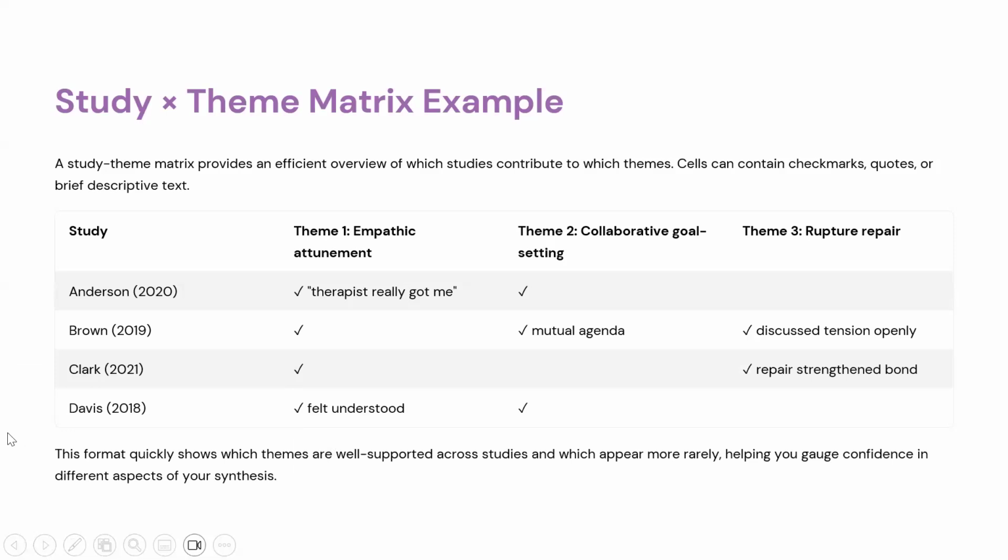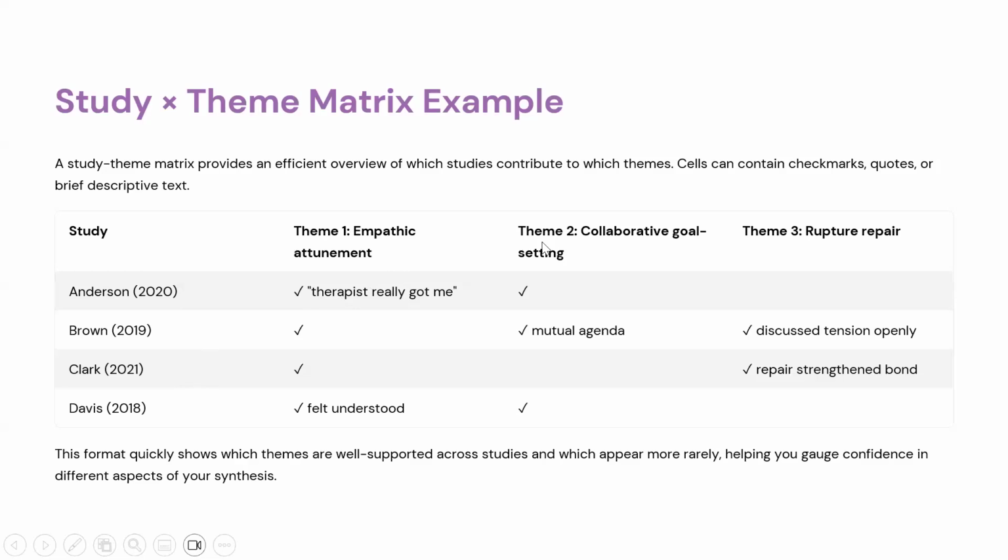So this format quickly shows which themes are well supported across studies and which appear more rarely, and it helps you to gauge confidence in different aspects of your synthesis. So in other words, if you notice certain themes appearing regularly across all papers, for example, theme 1 is the most strongly represented. You can see that the empathic attunement is basically met by all 4 of these papers.